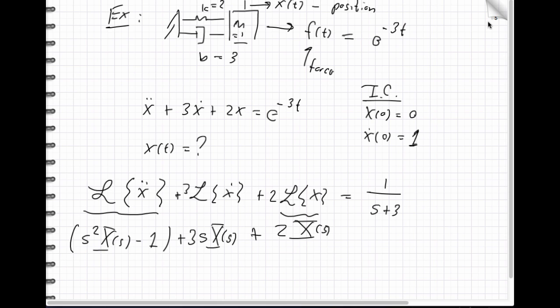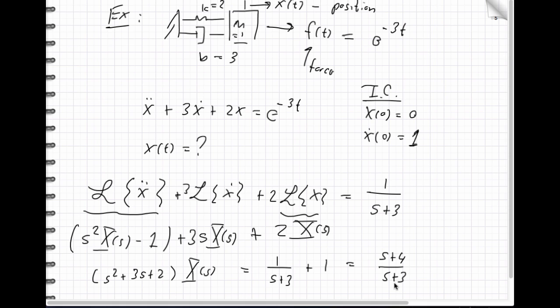What we get is s squared plus 3s plus 2 times x of s is equal to 1 over s plus 3, and then minus this 1, so it becomes a plus on this side. I'm just going to move this minus 1 over to a plus 1, and I'm going to rewrite this as s plus 4 over s plus 3 to get them under a common denominator.